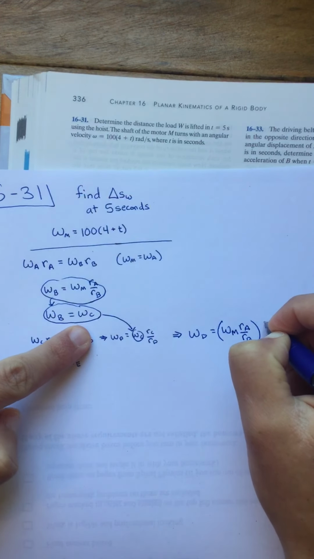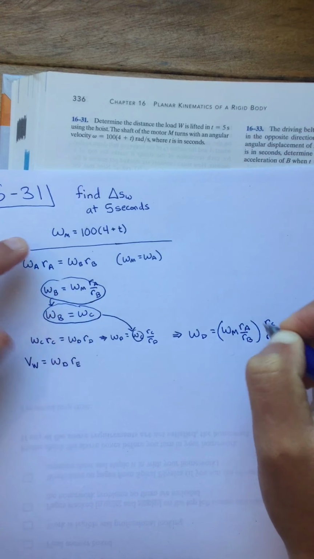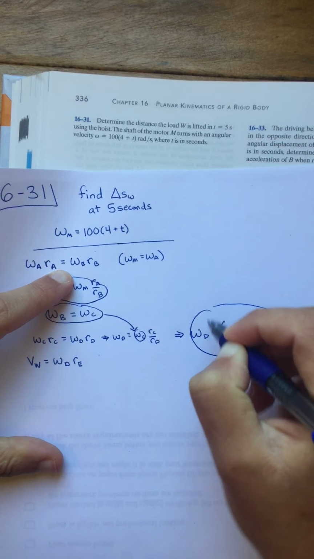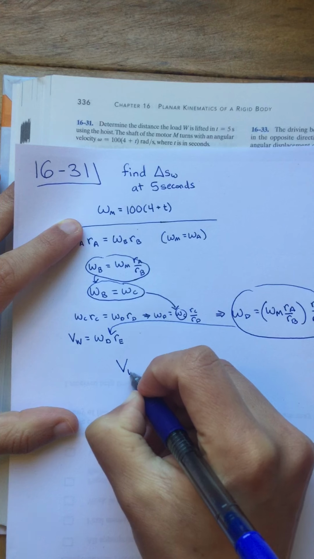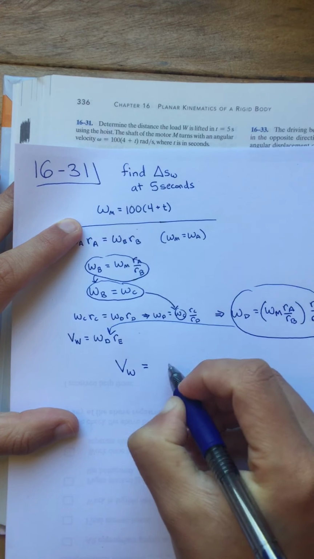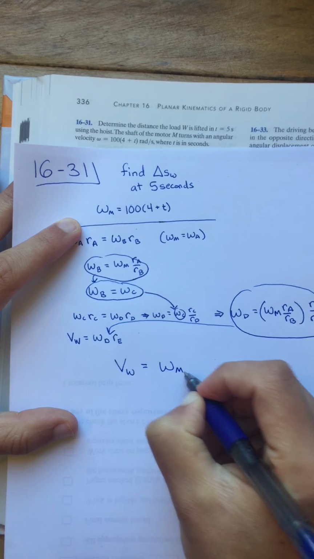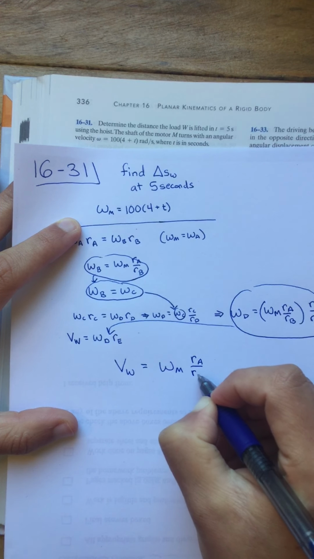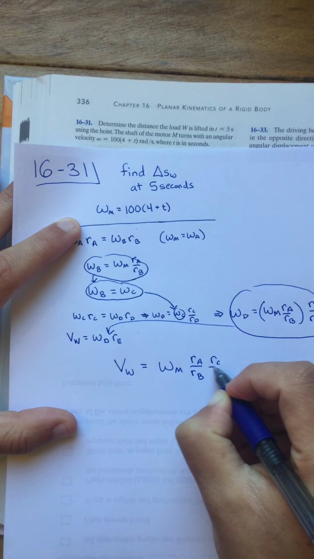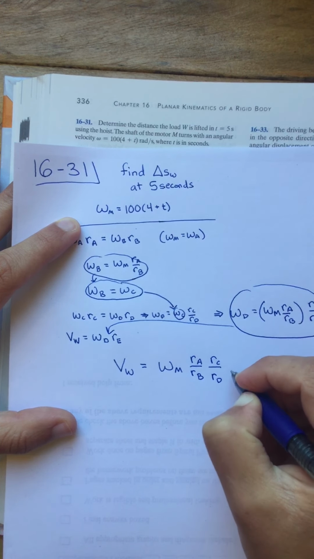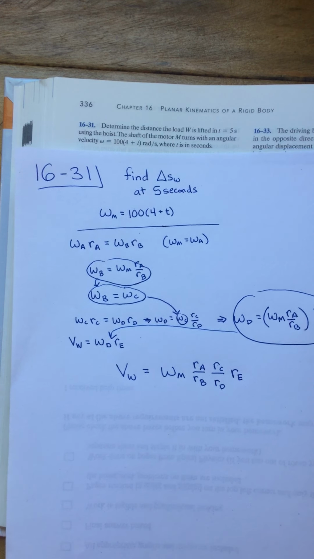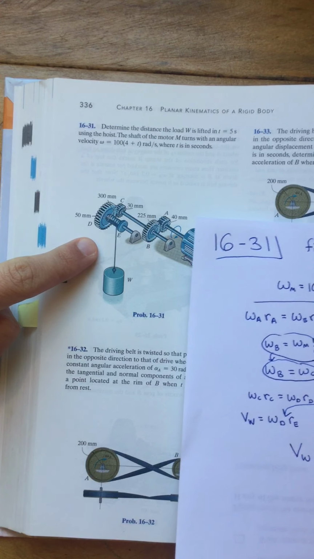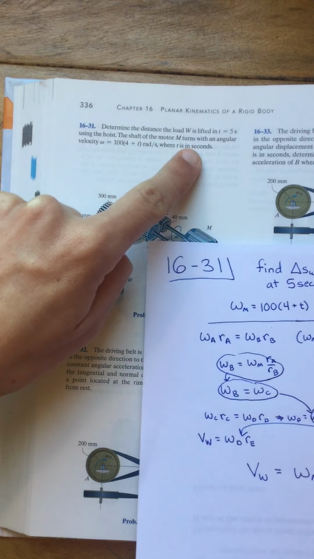That's the omega C, and then I have RC over RD, and then I can take this and put it in here. And finally, I have the velocity of W is equal to omega M times RA over RB times RC over RD times RE. And to figure out what direction it's moving in, you can take a look at the picture. It does say that the load is lifted, so it should be going upward.